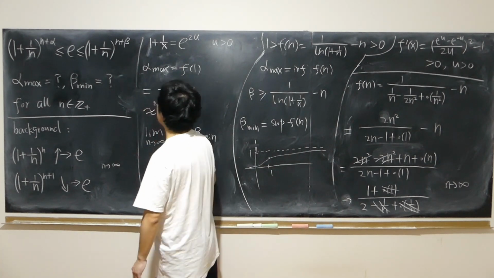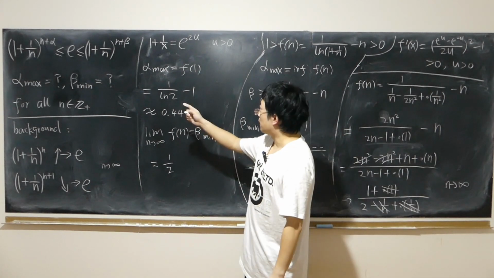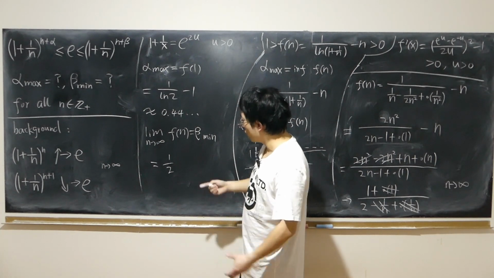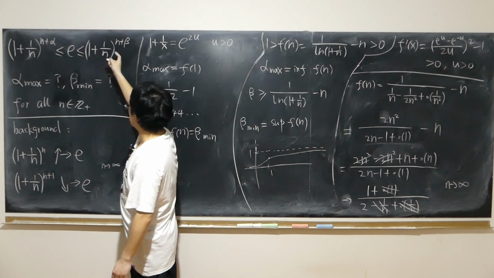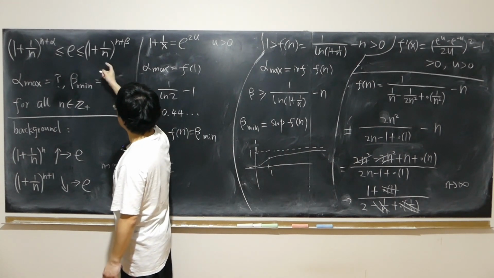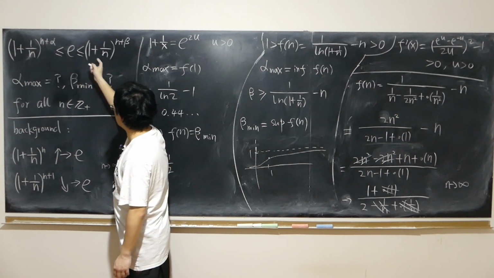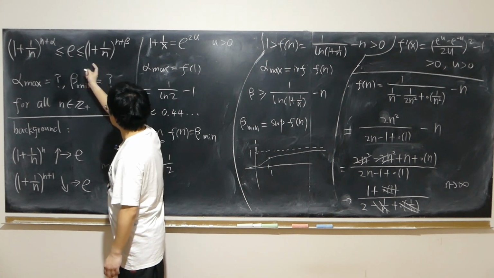Not smaller than that. If beta were a little bit smaller than half, 0.4999999 something, then all of a sudden this sequence will not necessarily be greater than epsilon. There will exist some n which makes this sequence less than epsilon.